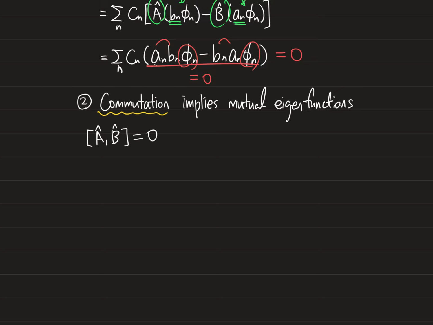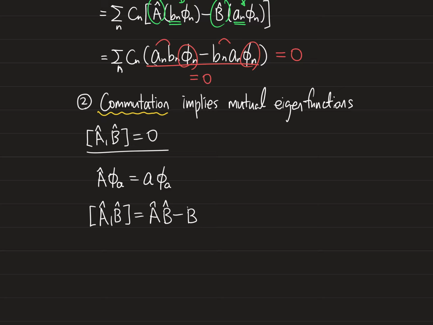And we are going to start with the eigenfunction of operator A, which we call PA. And let's say the eigenvalue is the small a. And we already assume that the commutator for A and B operators should be 0, right? So this is simply this expression.